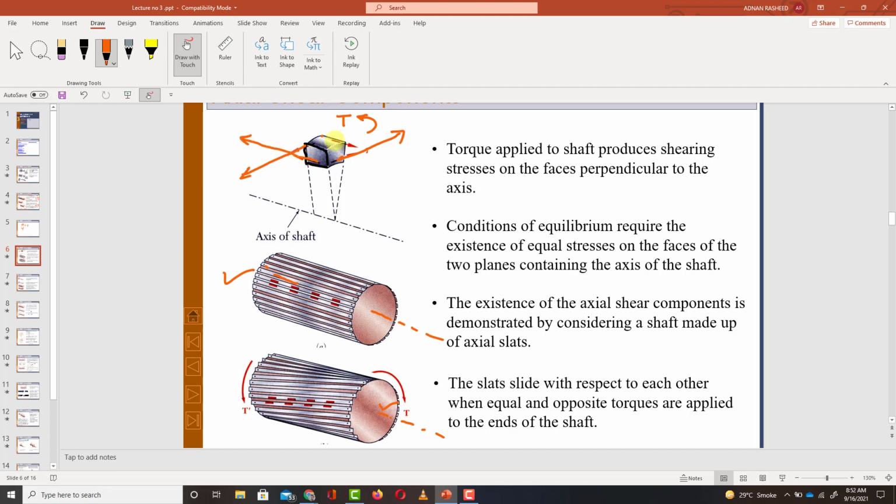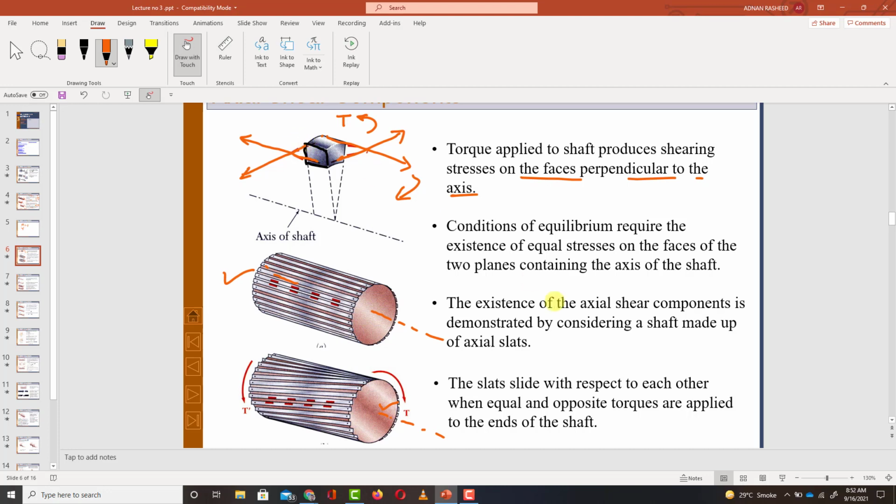Similarly, the opposite face will also experience a shear stress in the opposite direction. Now you can see that these two shear stresses also produce a moment in the clockwise direction. Clear? So torque applied to the shaft produces shearing stress on the faces perpendicular to the axis of the shaft as well as parallel to the axis of the shaft, for a shaft under pure torsion.